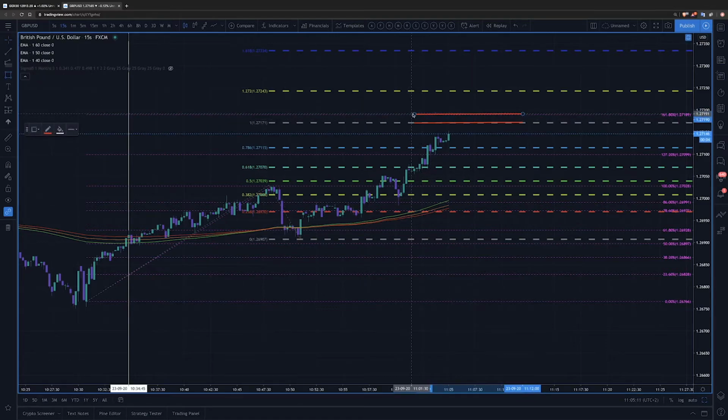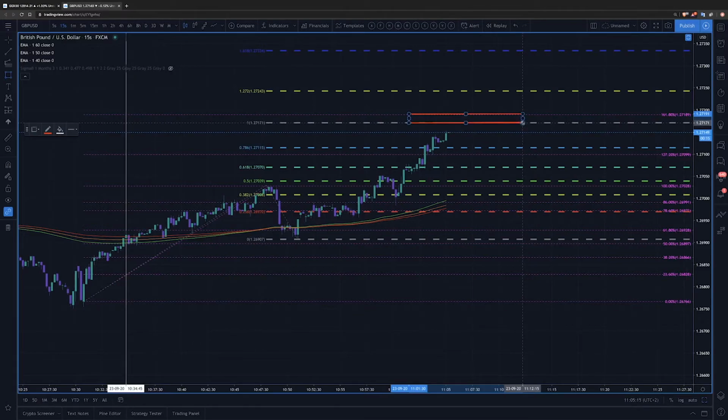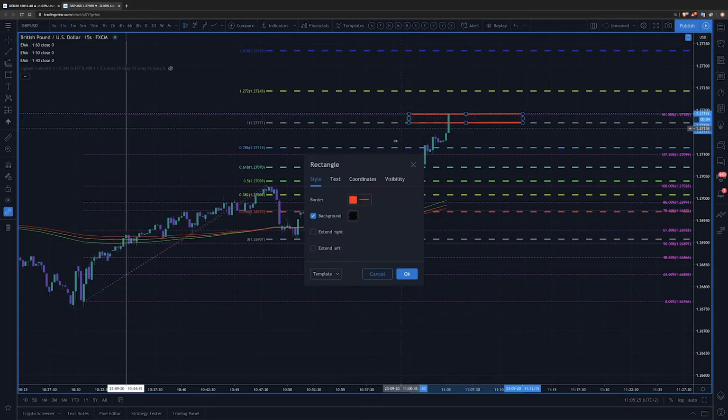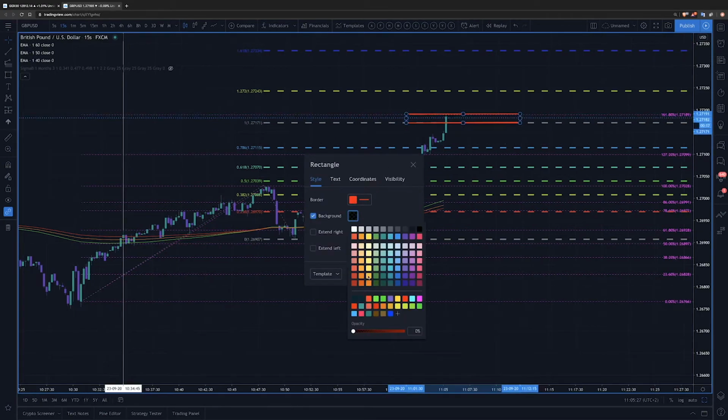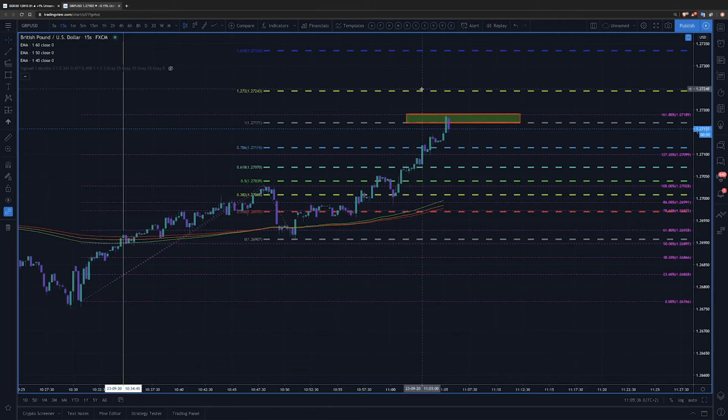Rectangle. Okay, and where's my coloring in tools for that box? Okay. Background, I'm going to have you on green. Increase your brightness a bit. Oh, there we go. Already done it to the 1.6.